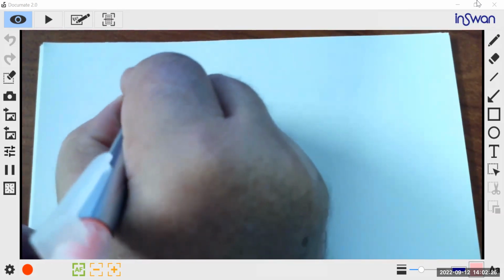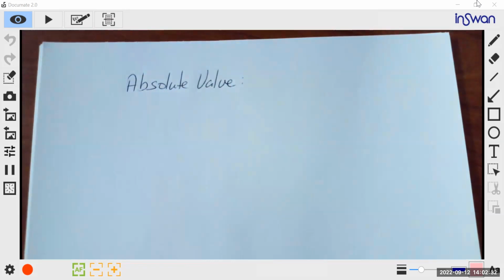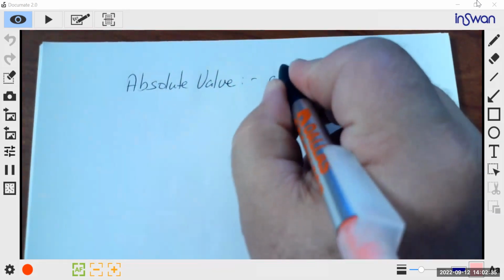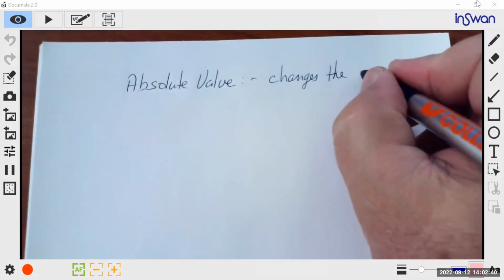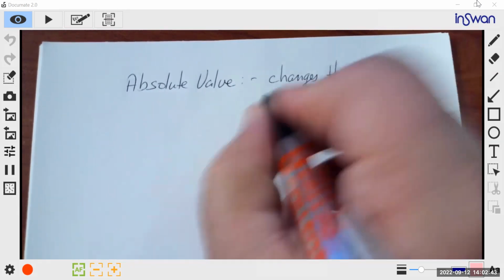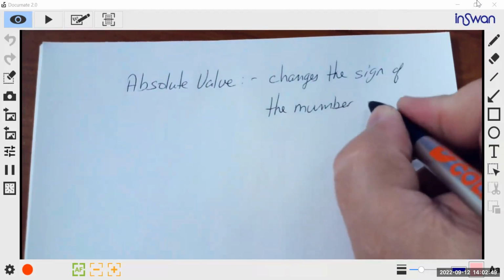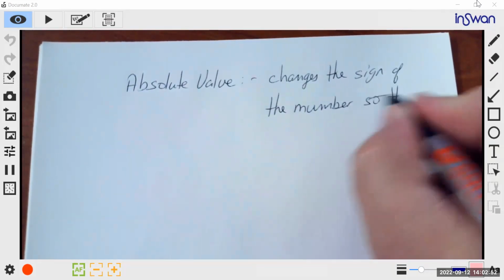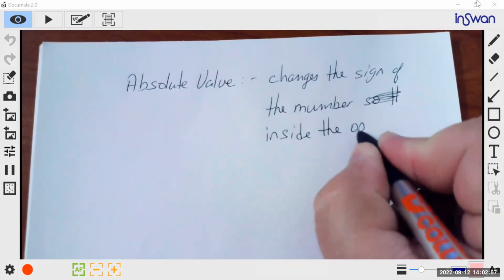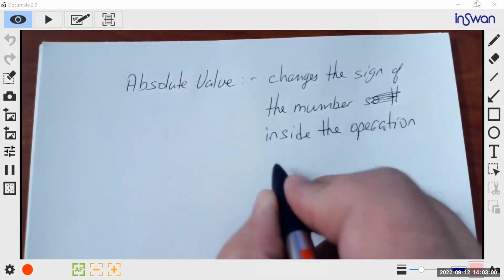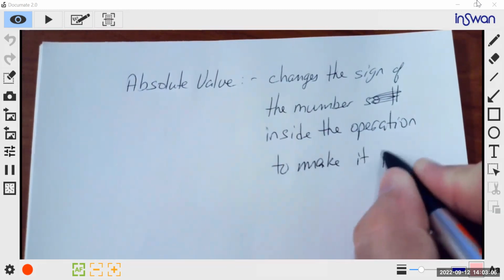What is an absolute value? It changes the sign of the number inside the operation to make it positive.